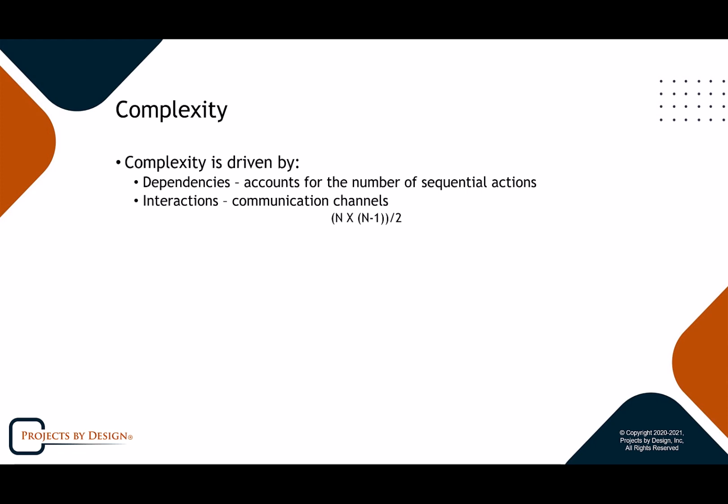Okay, so right now we have 1, 2, 3, 4, 5, 6, 7 people involved, right? So 7 times 6 divided by 2 is 21 interactions. And then adding additional people here would increase the number of interactions by kind of an aggregate curve, so to speak.